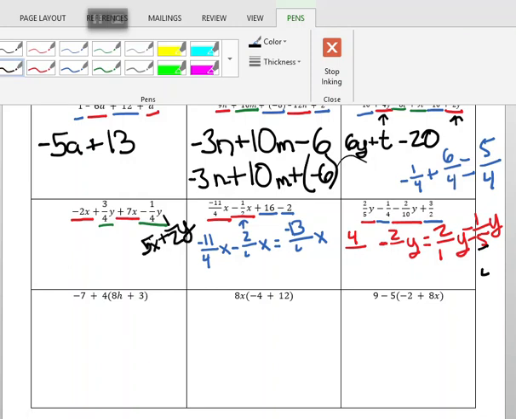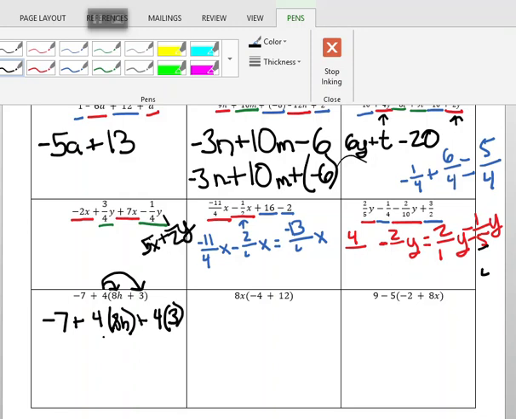So for this problem, I need to distribute the 4 on the outside of the parentheses to both the 8h and the 3. So I'm left with negative 7 plus, and I'll do it kind of like they did today in the packet, 4 times 8h plus 4 times 3.